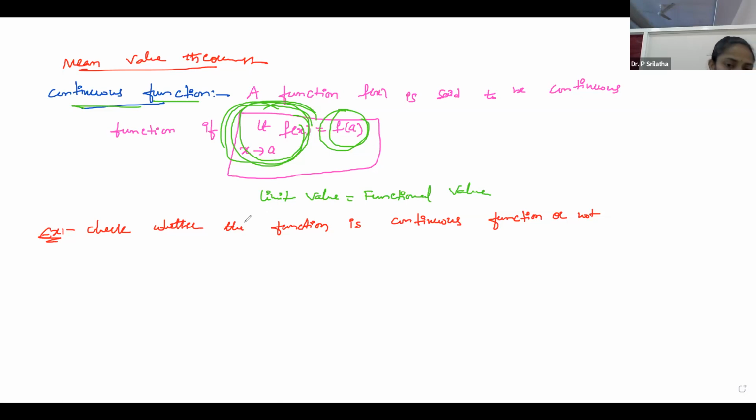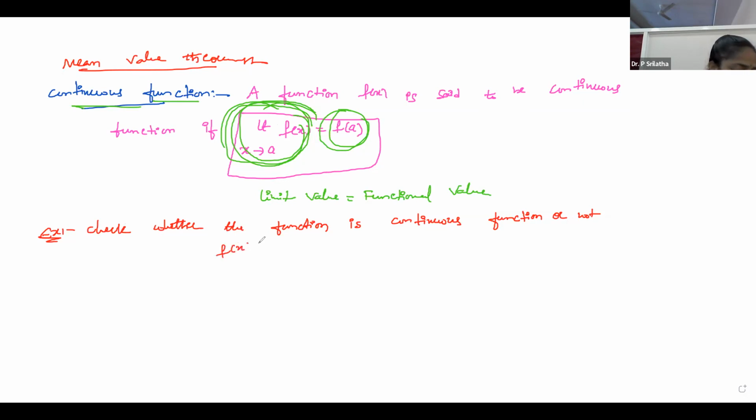Here we have so many definitions, but I am discussing this definition, this formula: limit x tends to a of f of x equals f of a. That is nothing but limit value equals functional value. And all of you check whether the given function is continuous or not.